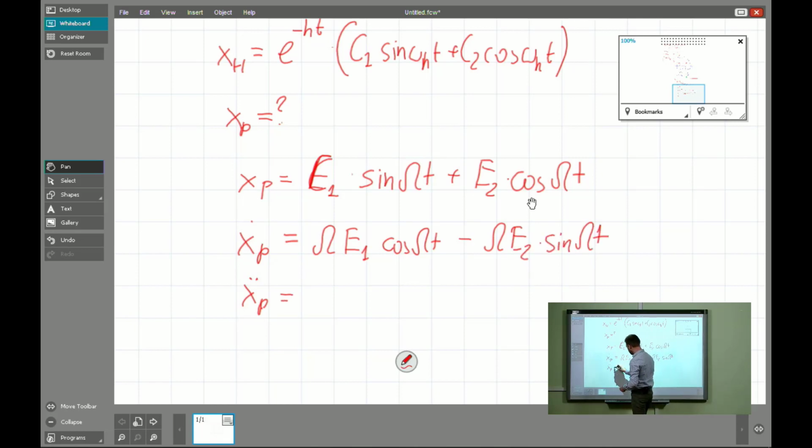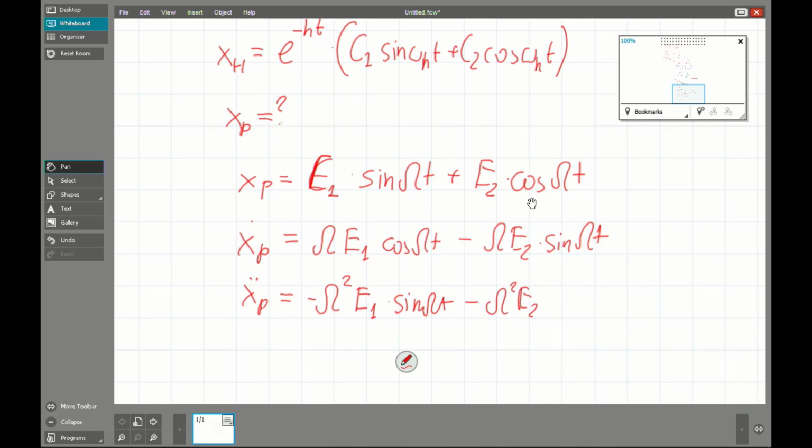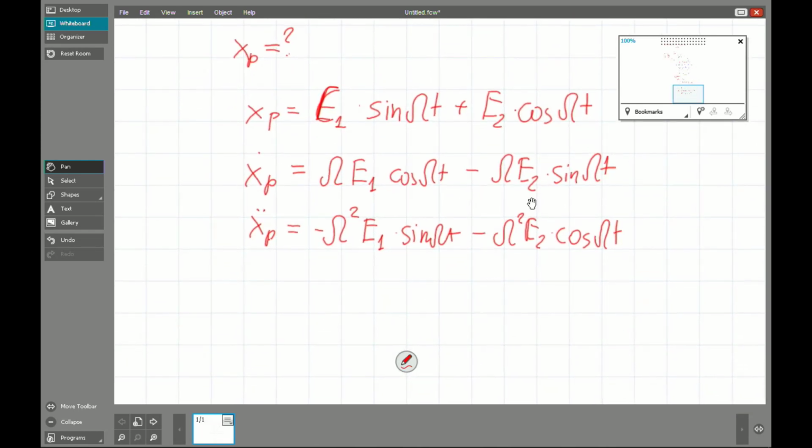What next? Next will be the second derivative, I mean the derivative of the first derivative, and we see that it will be minus omega square E1 times sine omega t minus omega square E2 times cosine omega t, as a derivative of the sine.